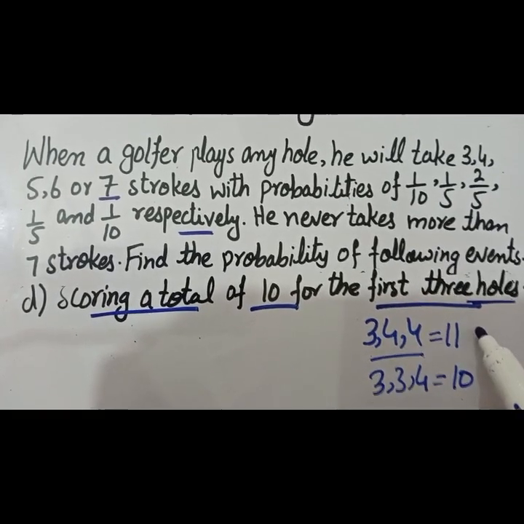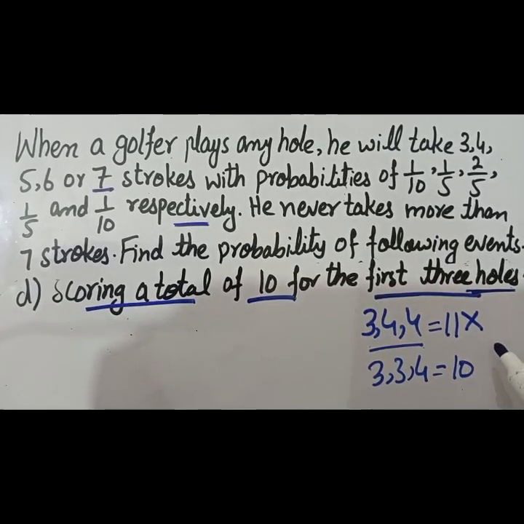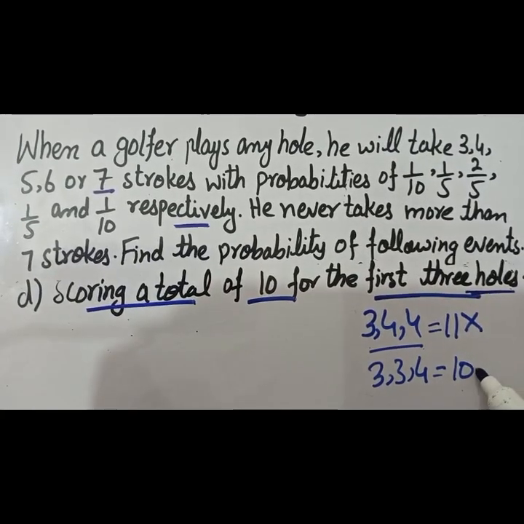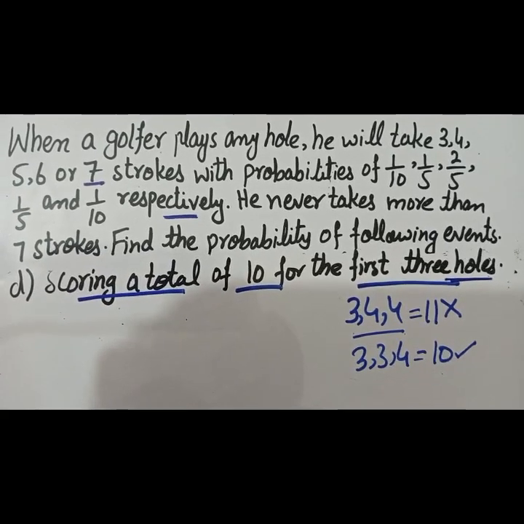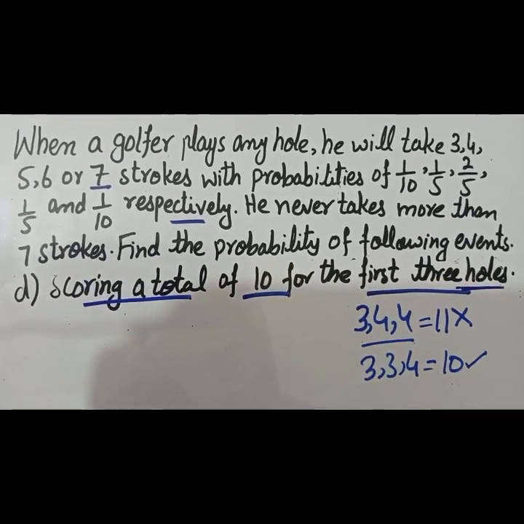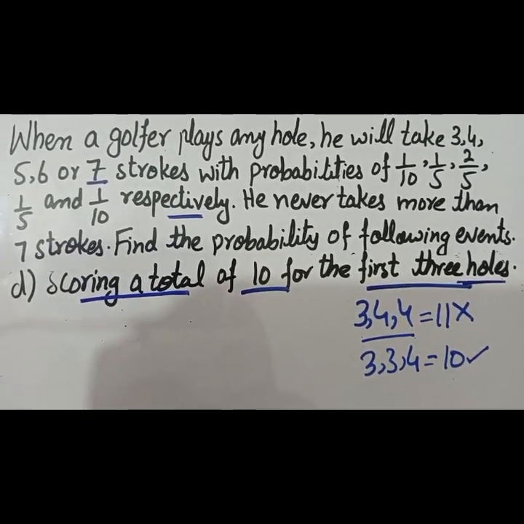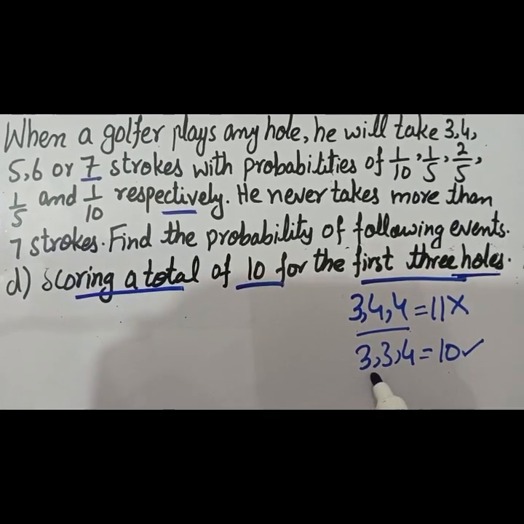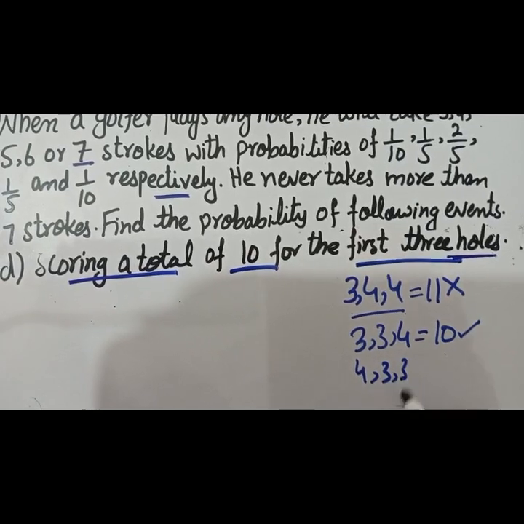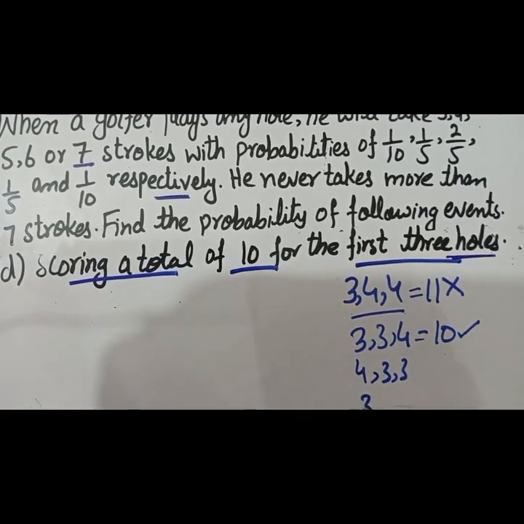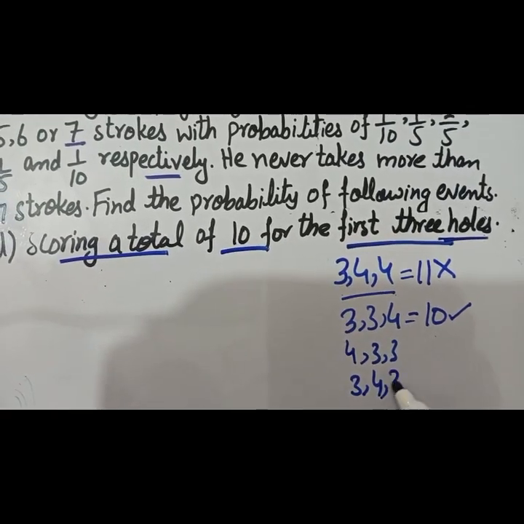It means that we are not supposed to take just this sequence, but here we are not bound to use a particular order, because we are not given that option. So we have three combinations. The first combination is 3, 3, 4, the second combination is 4, 3, 3, and the next combination is 3, 4, 3.